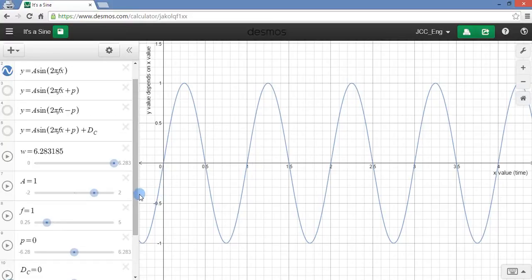And the period is 1 divided by the frequency, which makes sense really, because if it takes you a certain amount of time to do something, say you go shopping and it takes you half a day to go shopping. And if you're always shopping, by the way, that would mean that you do it twice a day.